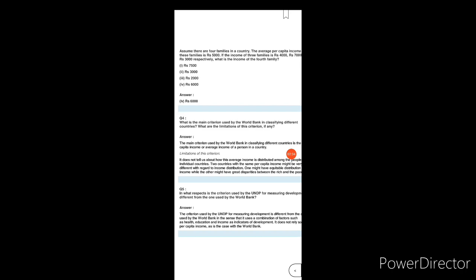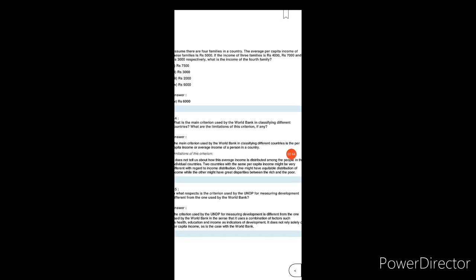Question 5 is, in what respects is the criterion used by the UNDP for measuring development different from the one used by the World Bank?